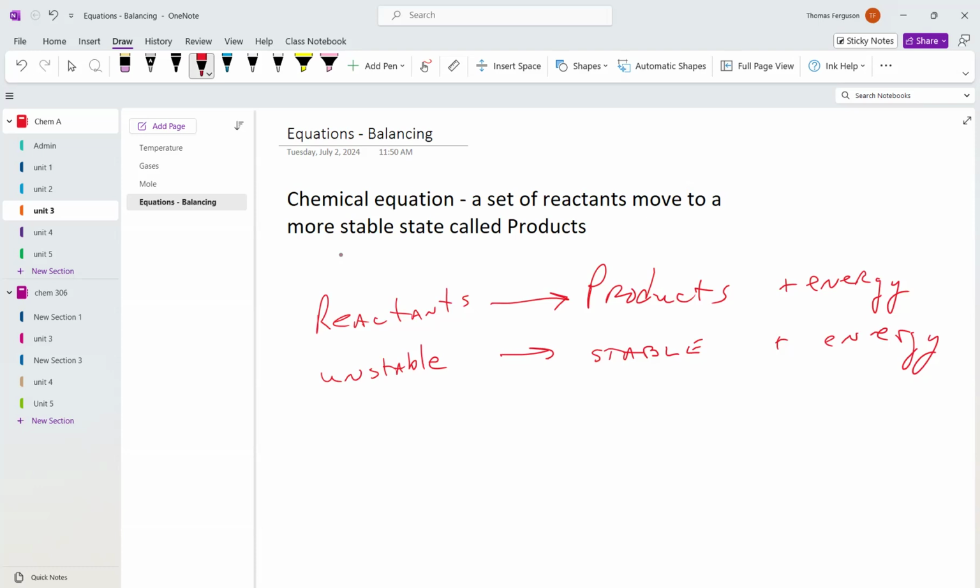Okay? So when you go from unstable to stable, you give off energy. When you go in the opposite way, it requires energy. And you see this in chemistry, physics, geology, biology all the time.